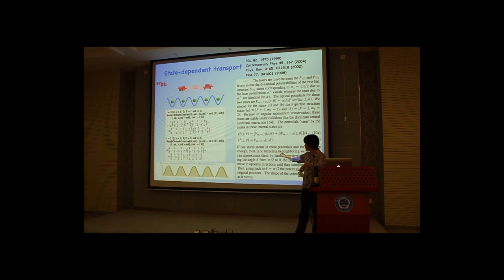Then you apply a polarized laser pulse, and because the laser couples with the electron spin, it will pull the electron pointing upwards one way, and the electron pointing downwards the other way. That's how we can achieve state-dependent transfer.